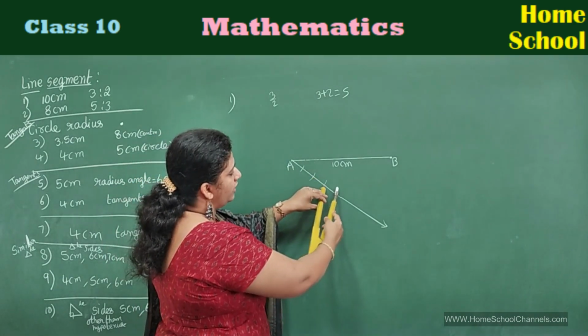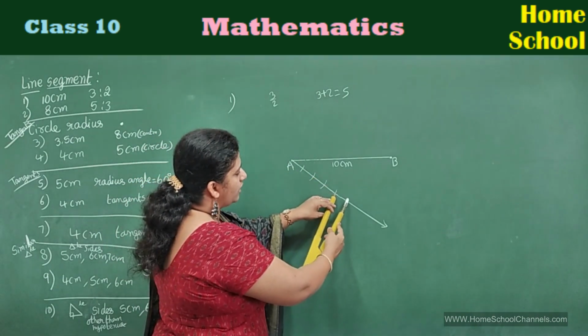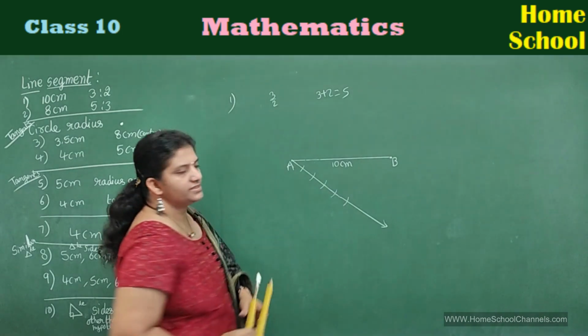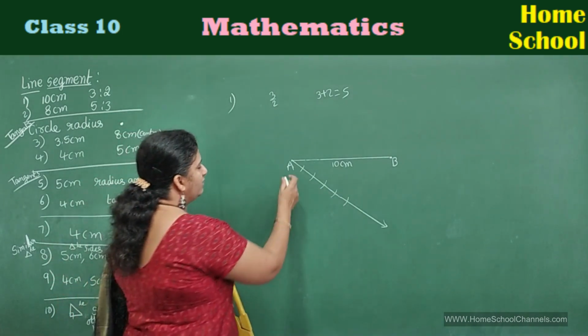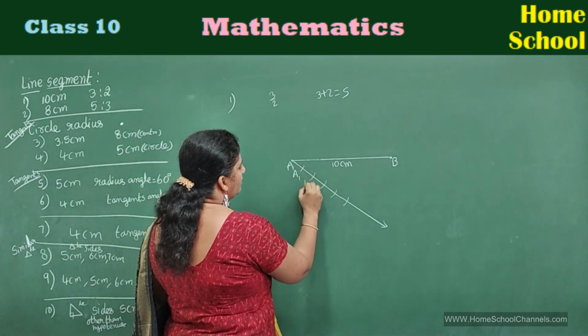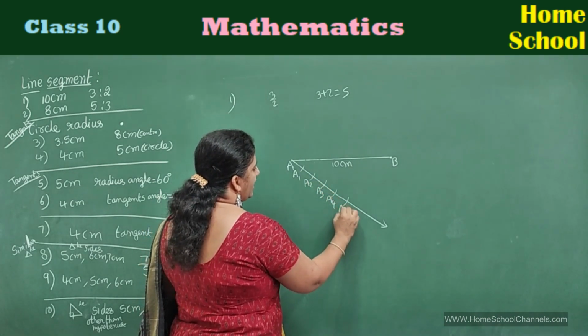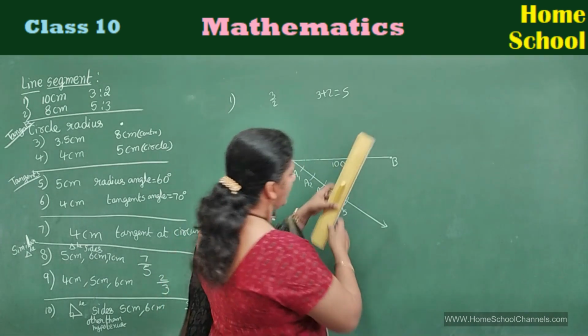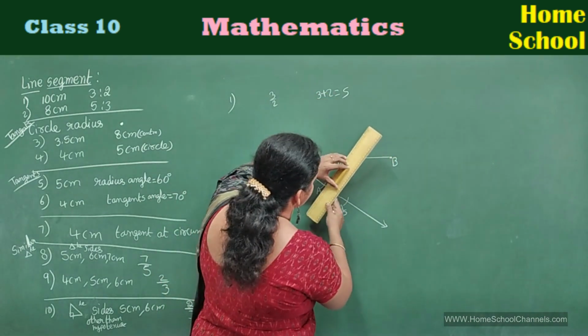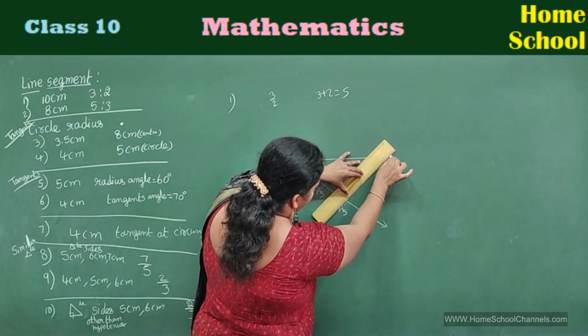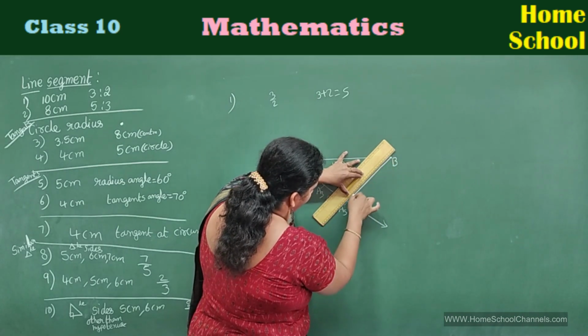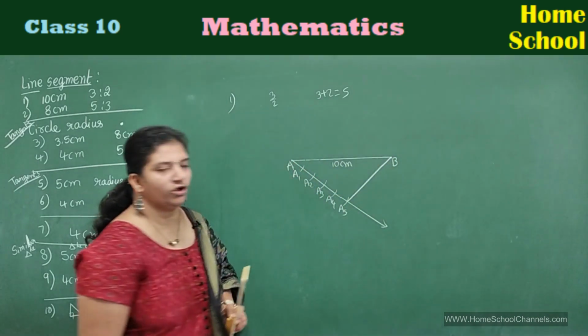Lift, draw. Lift, draw. Okay? Yes? 5 arcs completed. Now A1, A2, A3, A4, A5. Now, next step, using a scale from A5 to B, join.